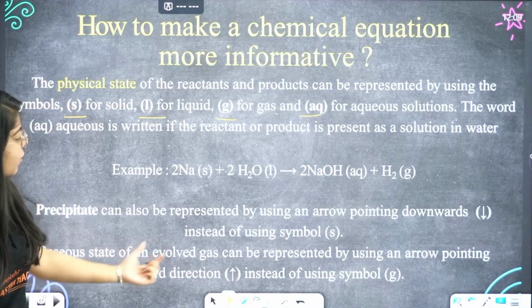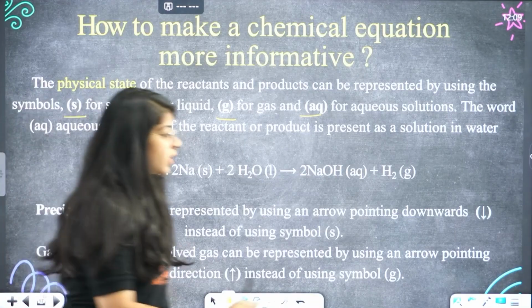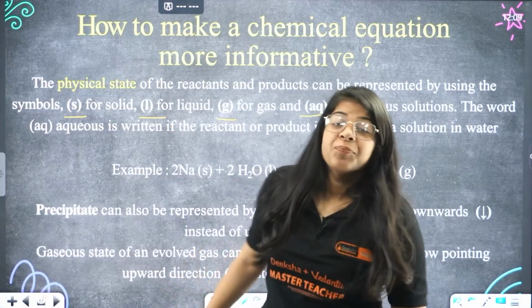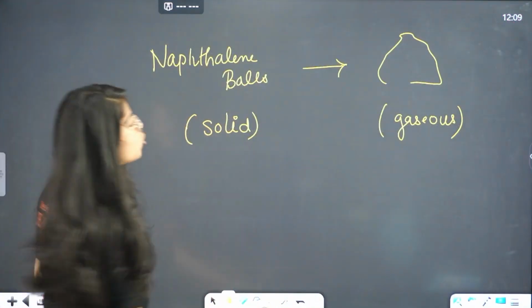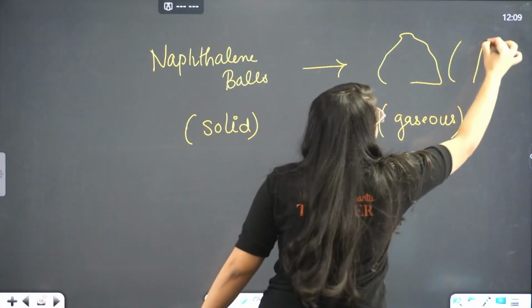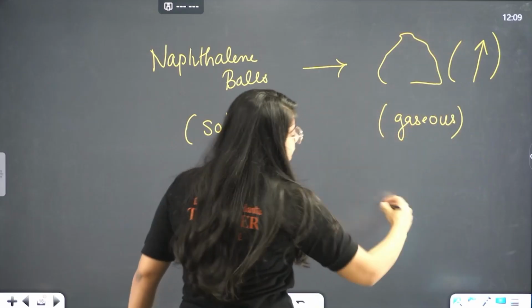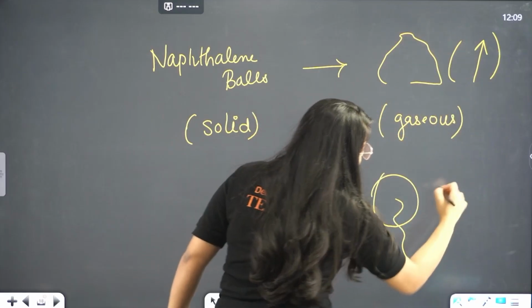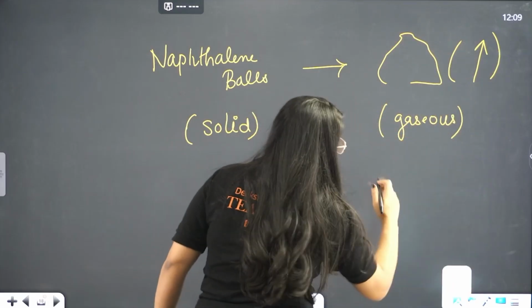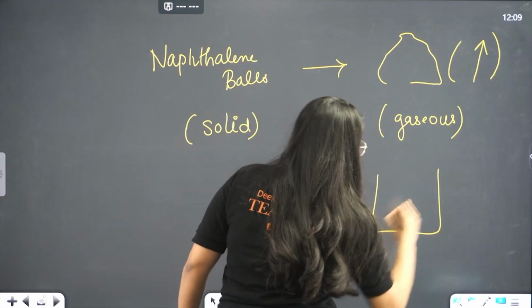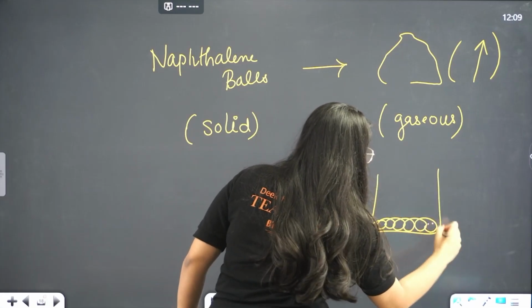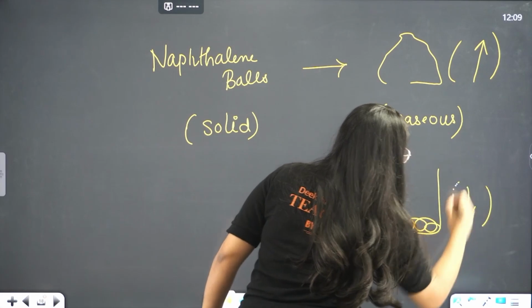The gaseous state of an evolved gas can be represented by using an arrow pointing up. If the naphthalene balls evaporated, they became a gas. If something precipitates in a solution, we'll say it goes down.